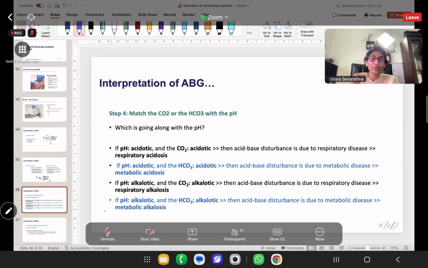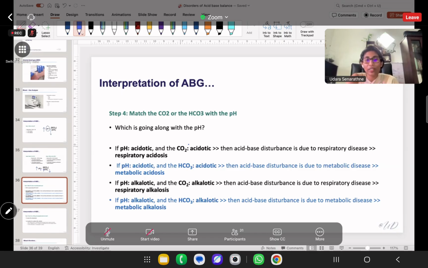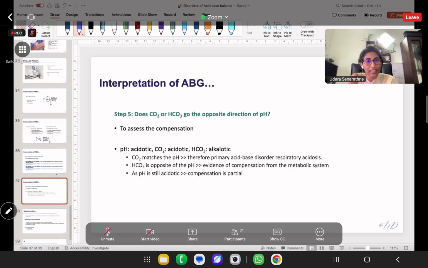And then you need to understand whether the other component is helping out with the situation. So if it is acidosis contributed by the respiratory component, or respiratory acidosis, is the metabolic component helping out? This part we have already discussed, which is the component going with the pH. Then you identify whether it is respiratory or metabolic.